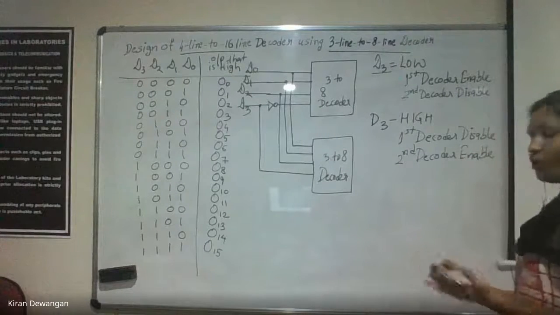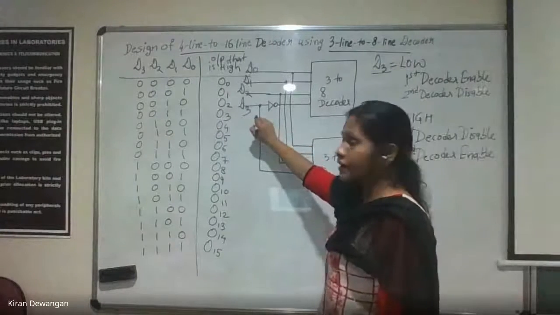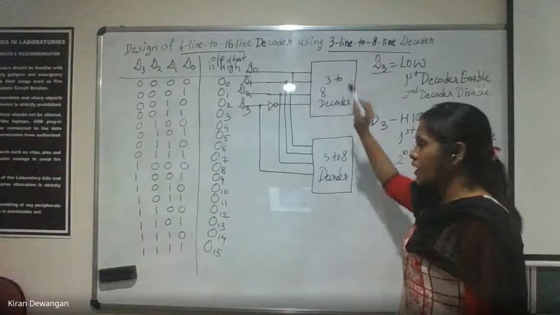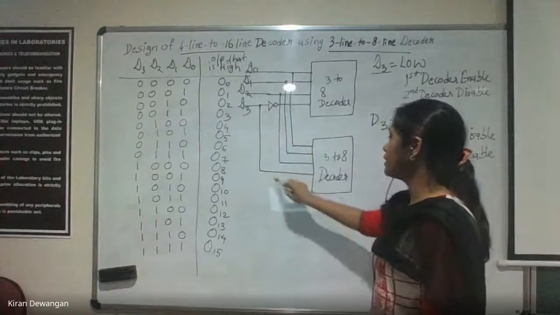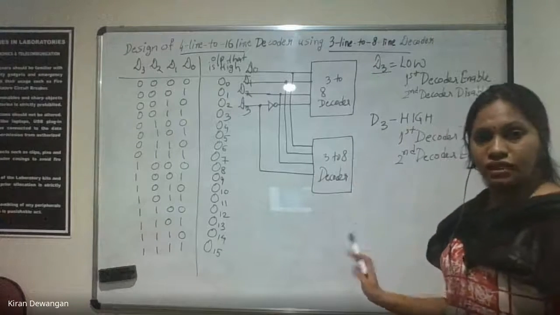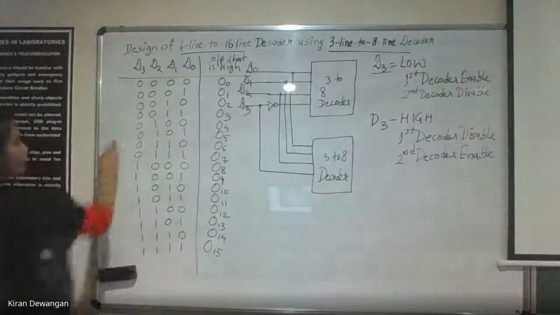This is the only concept. When D3 is high, through an inverter, this becomes 0. And when D3 is high, the second decoder will be enabled. That is the thing that we need to understand. So it is coming from here itself.